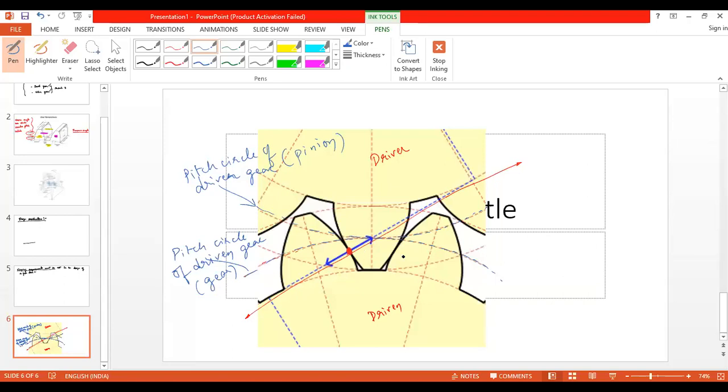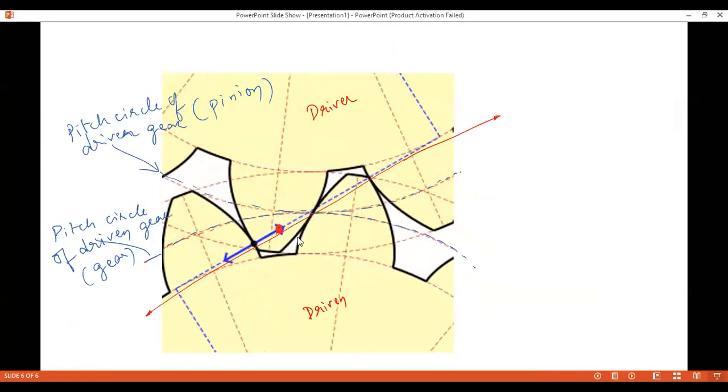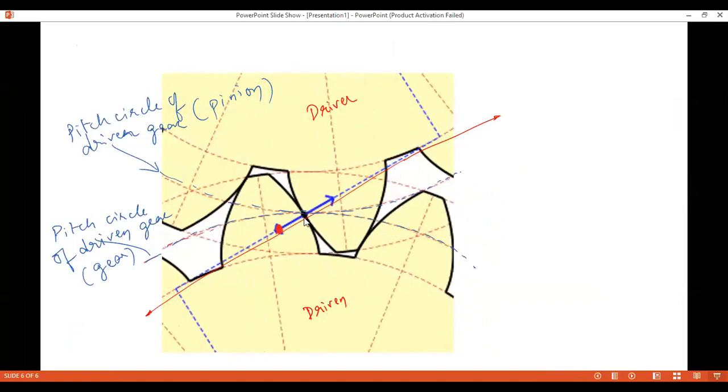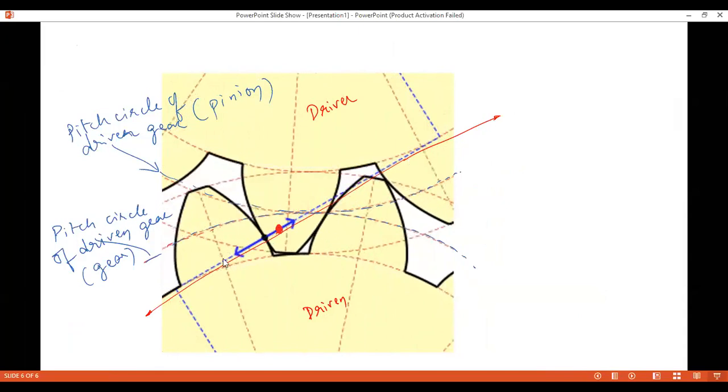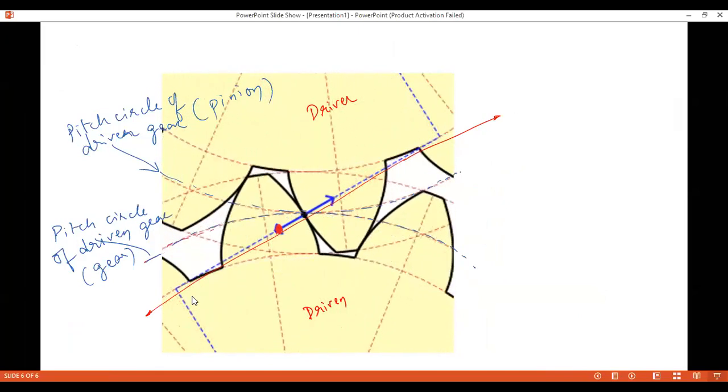Okay, so here in this animation, what you saw, you can see this is the line of action. The red line is the line of action.